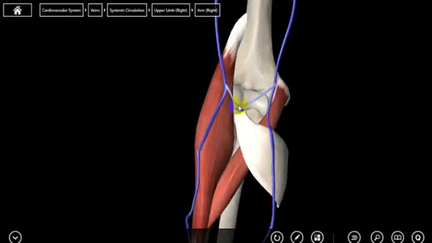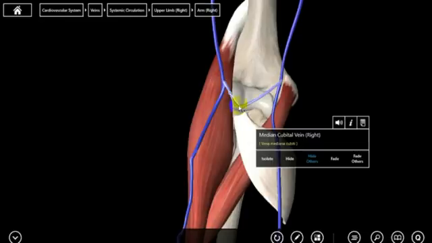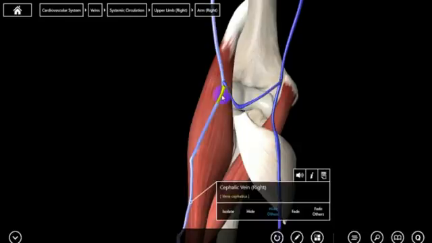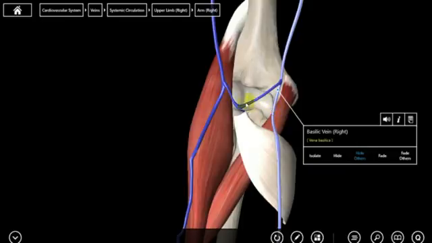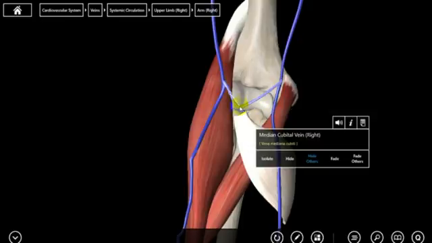Now, this median cubital vein connects the cephalic vein, this is the cephalic vein, to the basilic vein. So this median cubital vein is the vein used for intravenous injections. It's a very important one, and it is contained in the superficial fascia of the cubital fossa, which also forms part of its roof.